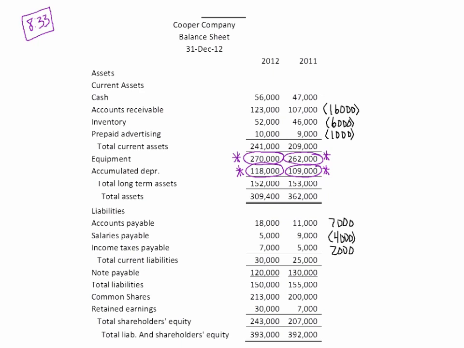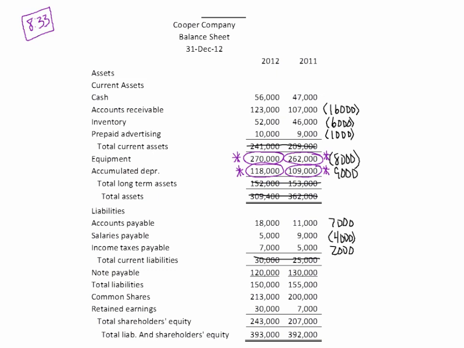Equipment was a negative $8,000, and this was positive $9,000. This is gone. This is gone. This is gone. This is gone. Oops. Yeah.